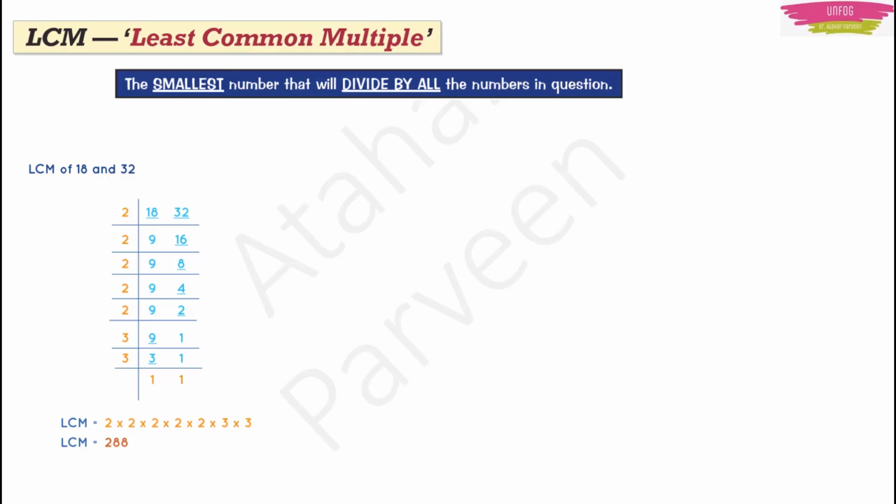If it was an odd number, then you should have started with 3. You start with 2. Go on, and wherever you get an odd number, then again you start with 3. Go on dividing. You divide till you get 1. After that, whatever are the multiples here, you multiply them. 2 into 3 into 3. So this will give you the least common multiple. Okay.